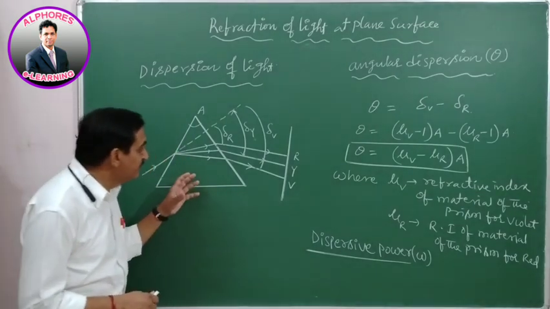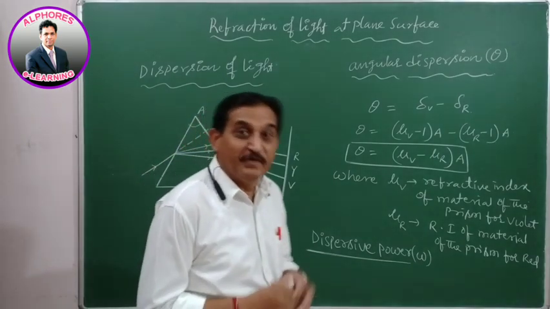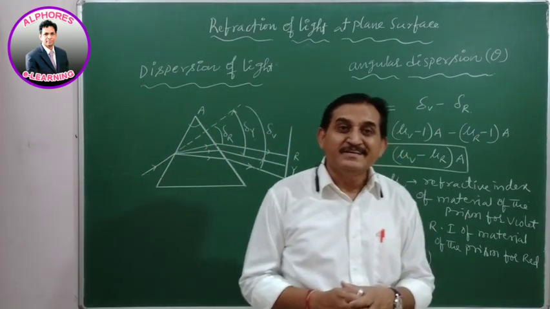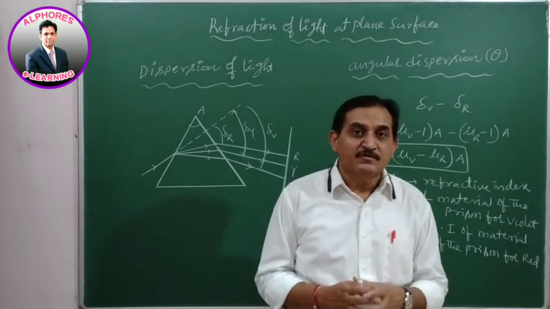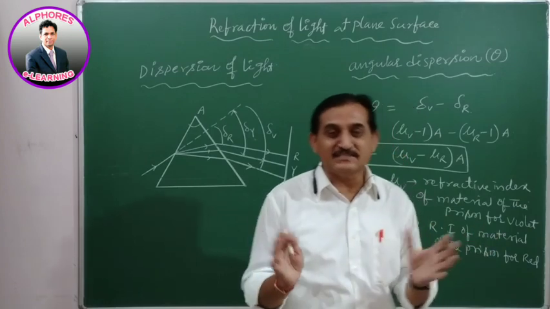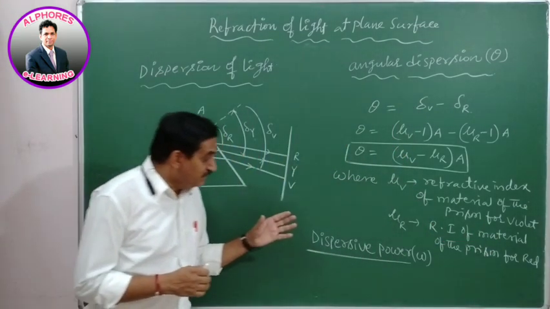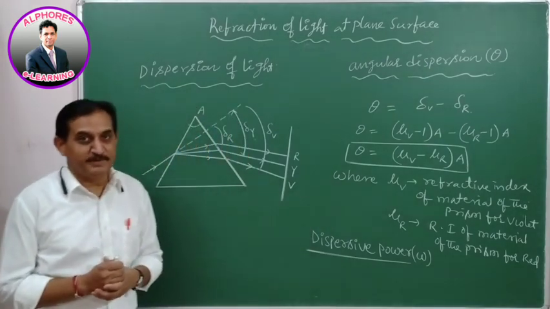Suppose dispersive power omega is greater for a prism. What does it mean? It can split the 7 colors from the white light by greater amounts, meaning they are clearly separate from each other. So that is what the dispersive power indicates.